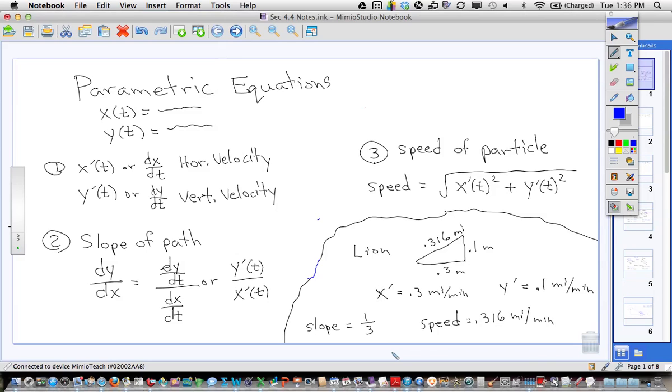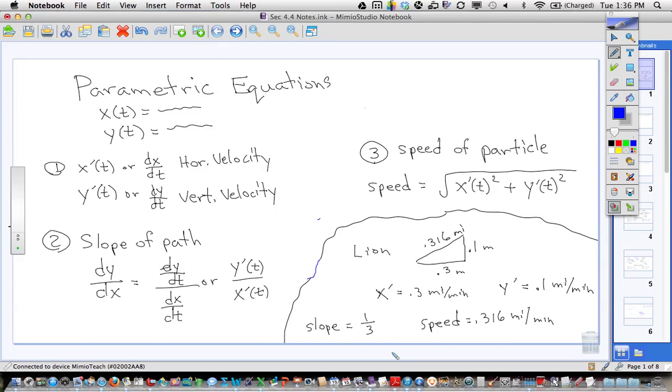All right. And then finally, another thing we'll be interested in is the speed of the object on the path. How fast is it actually traveling? That's what we did with the lion, that's when we did the Pythagorean theorem thing. We had to take into account both its horizontal and its vertical velocity.